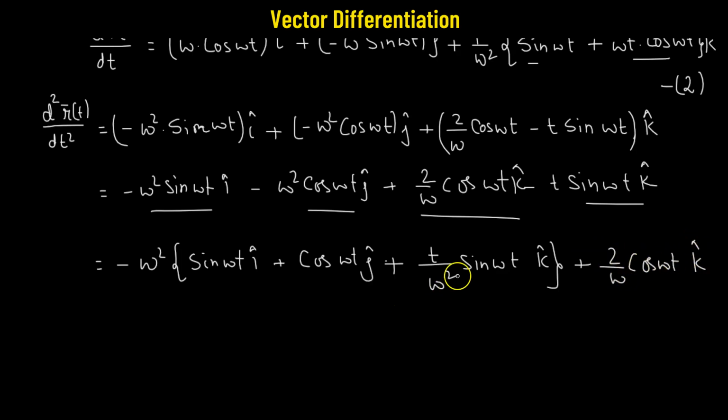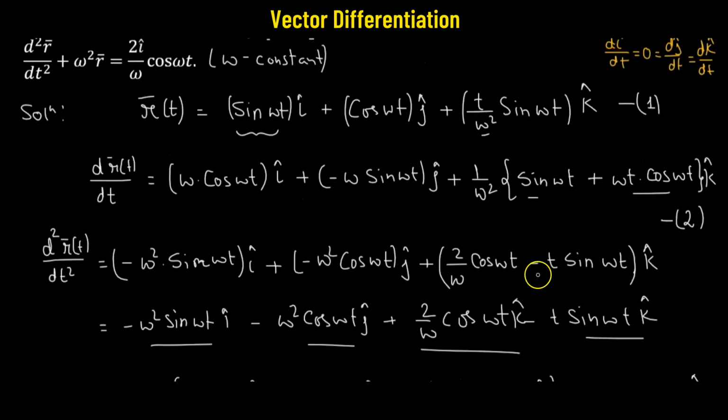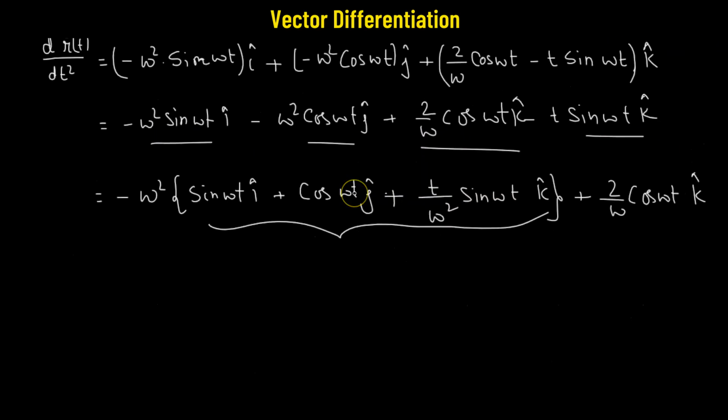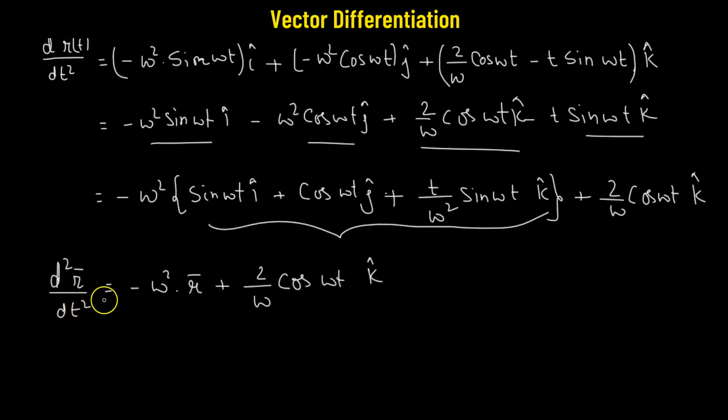Now, if we look at equation number 1, this is our vector r. So we can replace this with negative omega squared times vector r plus 2 over omega times cosine of omega t k cap. This is our second derivative of the vector valued function r with respect to t.